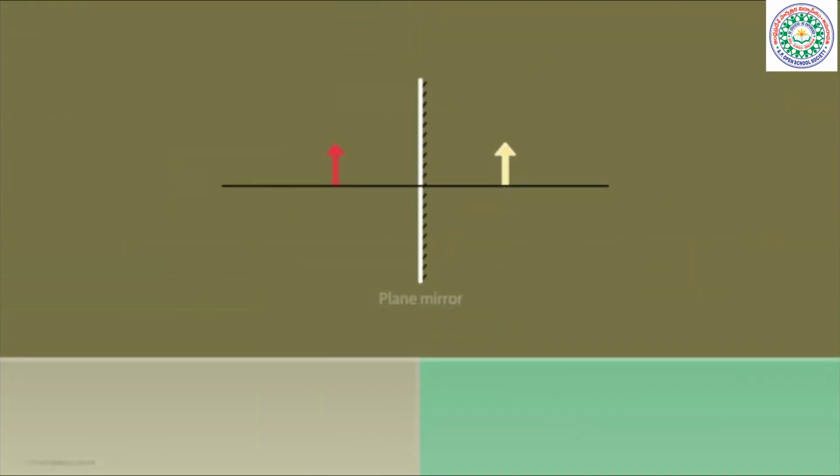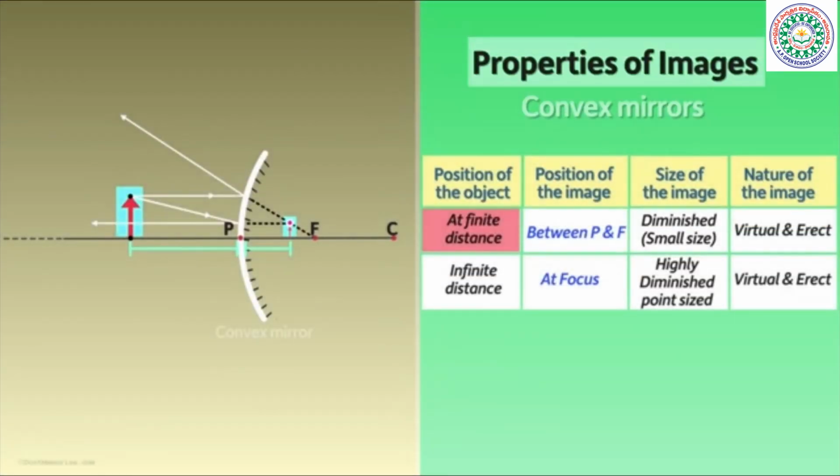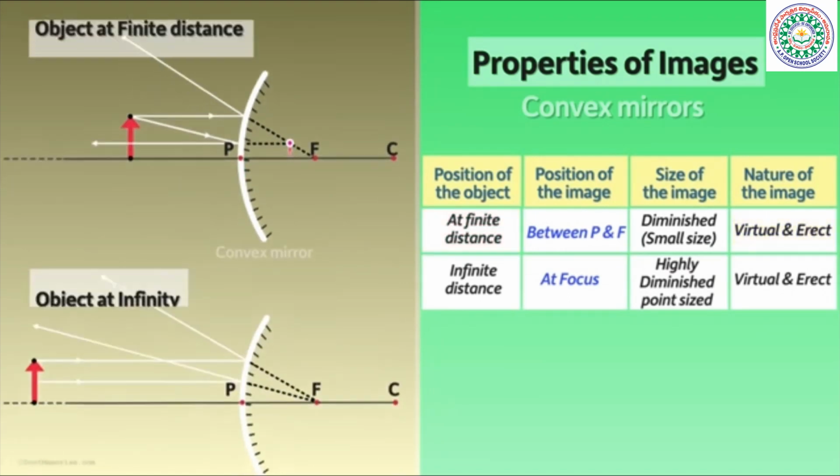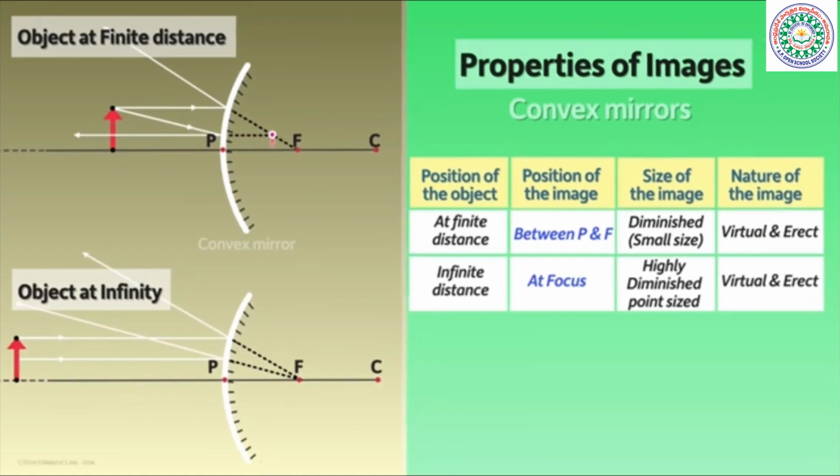If you remember, when we were discussing plane mirror images, the virtual image distance and object distance from the mirror were the same irrespective of where the object was placed. Here, even though it's a virtual image, it does not follow that property.